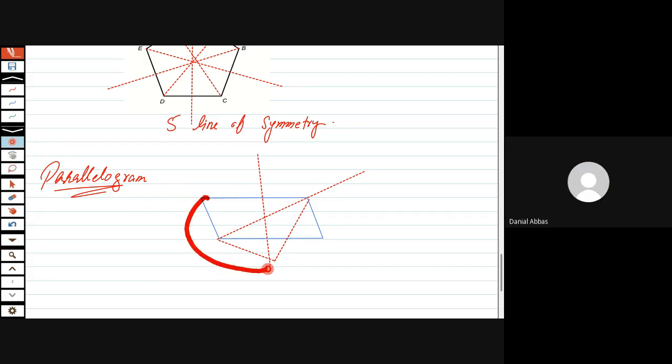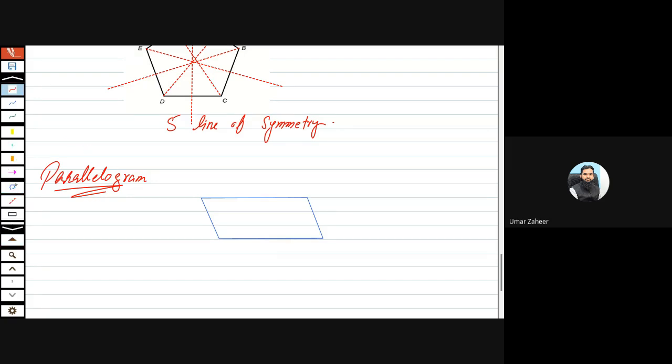So this line is not a line of symmetry. We don't have a line of symmetry on a diagonal, and a vertical line is also not a line of symmetry. Okay, sir. We have zero lines of symmetry here.